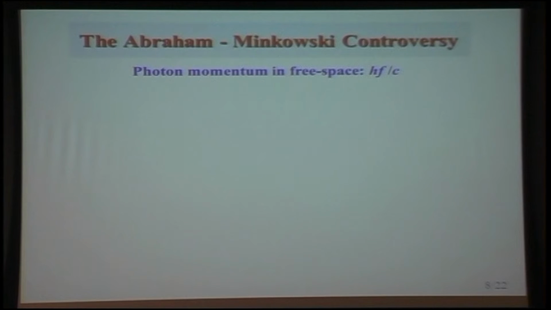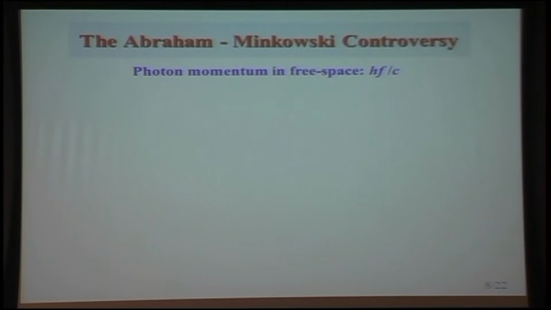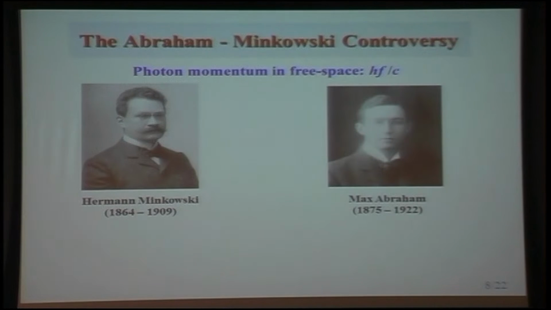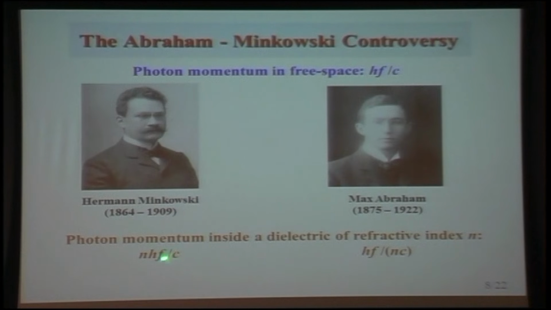So what I have said so far is about the momentum of light in vacuum. There is no controversy here. Everyone knows that h bar omega divided by c is the momentum of light in vacuum. But what happens when light is inside a material medium? In a material medium, there has been a debate for the last 100 years as to what the momentum of the photon is. According to Minkowski's theory, the photon momentum in vacuum must be multiplied by the refractive index n.